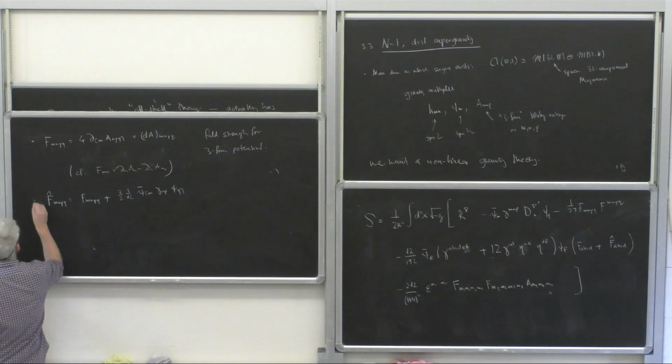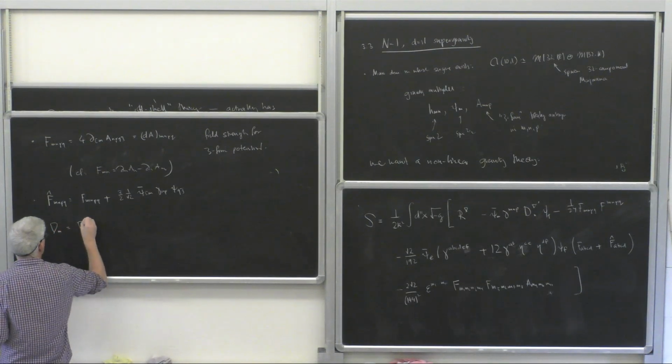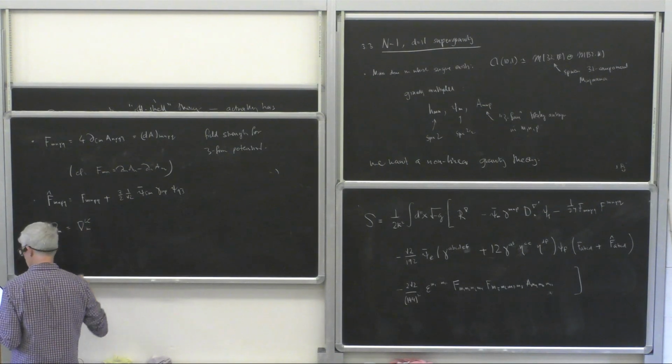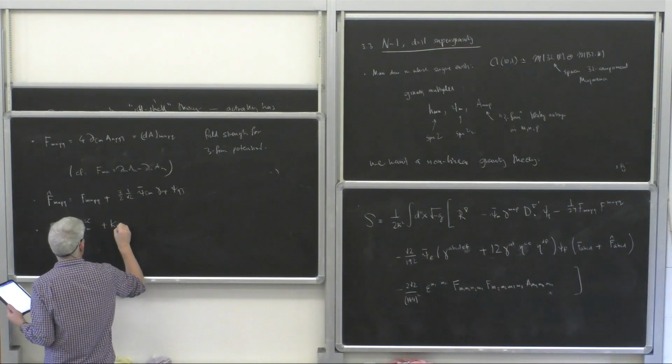So the regular connection is Levi-Civita plus a term which we'll call K_MAB.